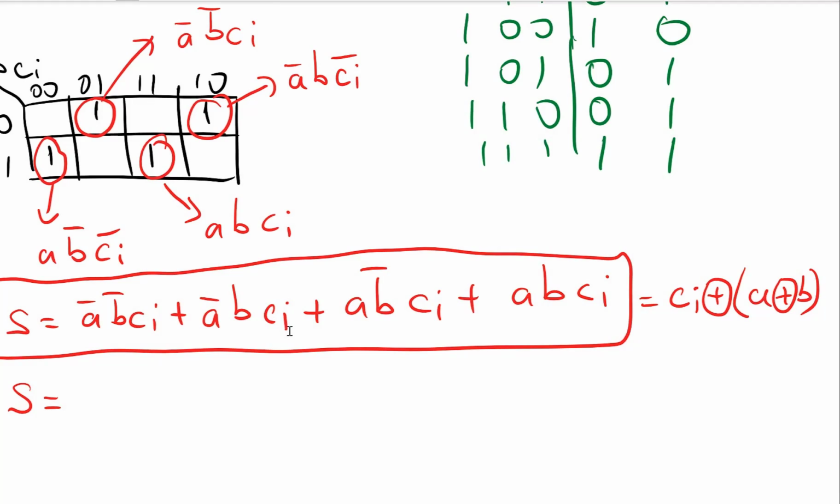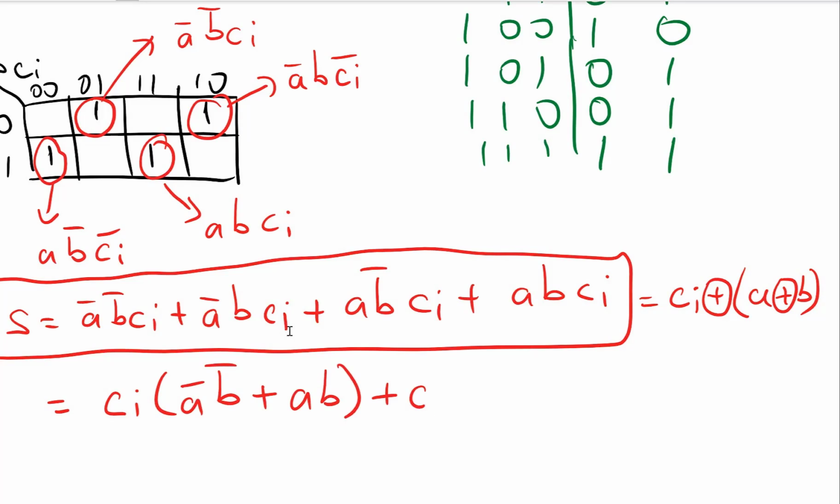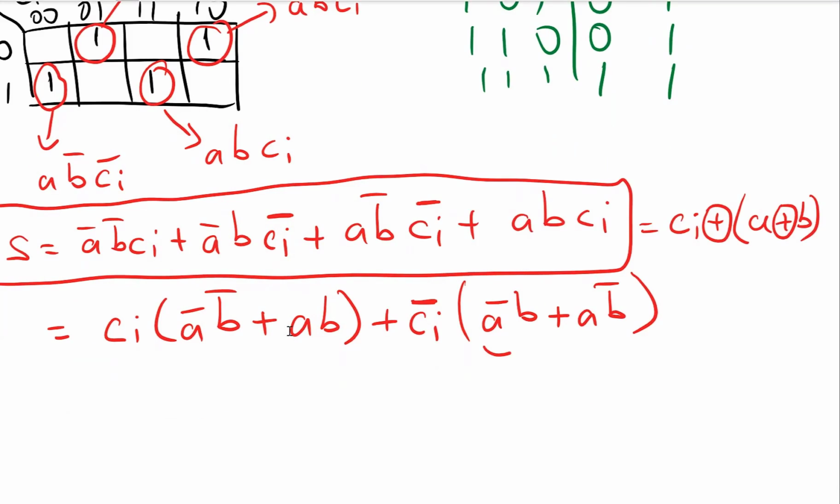So let's see how I can get this. If I take carry in out, so this is like A naught, B naught, or A, B, and then I can take the other two terms with carry in naught in parentheses. So this will be A naught, B, or A, B naught. As you see, this is A XOR B, and the other is the complement, A XOR B naught.